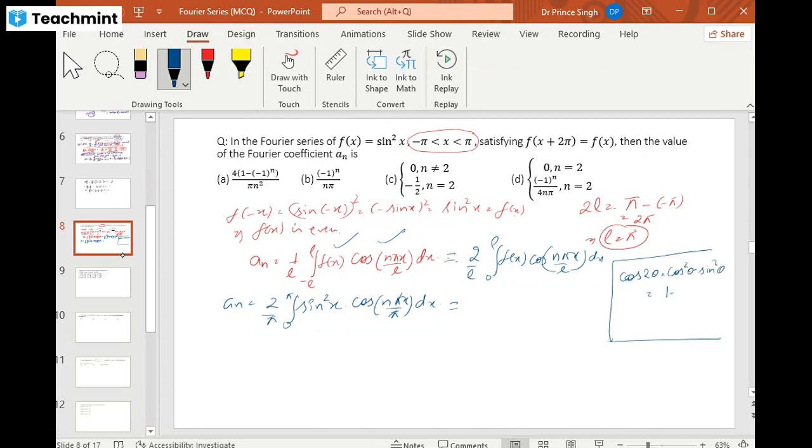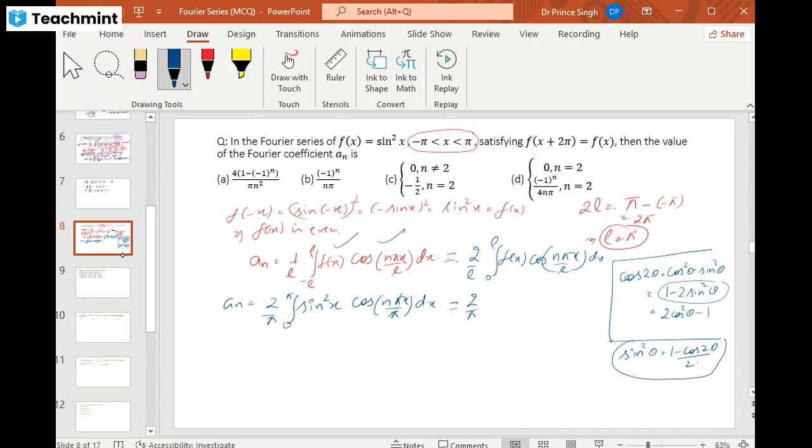It is 1 minus 2 times sine square theta and it is 2 times cos square theta minus 1. In this case, the first form is applicable because I need to find out the value of sine square theta. So what is sine square theta? This is equal to 1 minus cos 2 theta upon 2. So we are using this identity here.